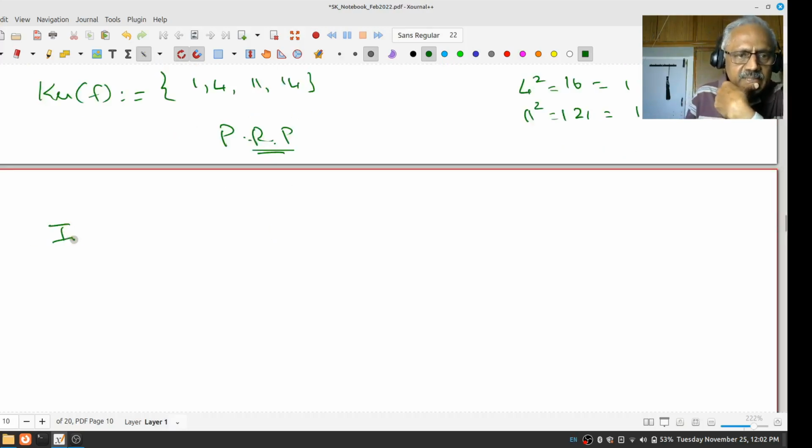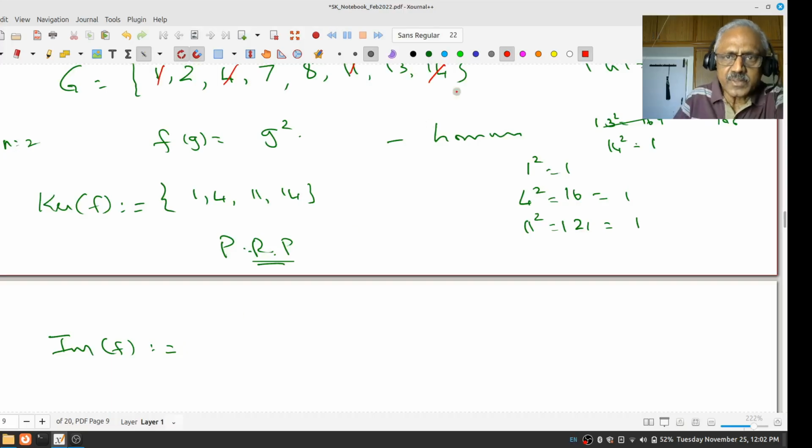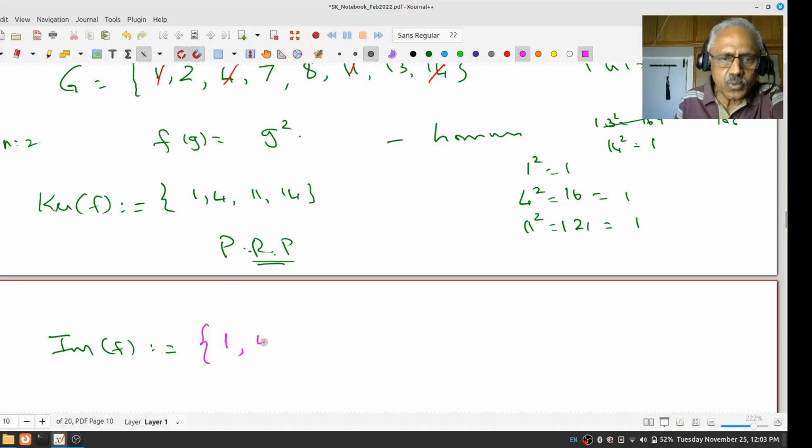Now I want to understand what the image of f is. These things are ruled out now. They are not going to contribute to the image because these will go to the identity: 1, 4, 11 and 14. Remember the image will always contain the identity, therefore 1 will be in the image. 2 squared will be 4, and 7 squared will be 49, 3 times 15 plus 4, therefore again 4. 8 squared will be 64, 4 times 15 plus 4, therefore again 4.